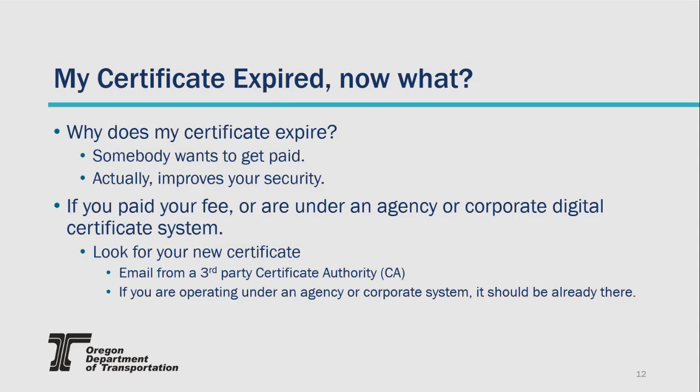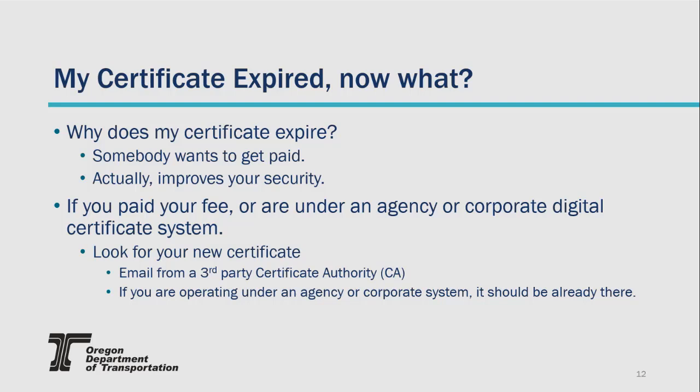Most of the commercial third-party certificate authorities are selling 1-year certificates. And internally, we've got our hardware set to produce 1-year certificates. But bottom line is, particularly when you're talking about those third-party certificate authorities, somebody wants to get paid.